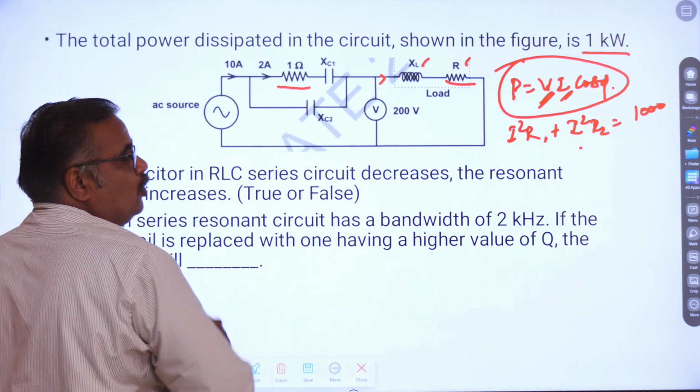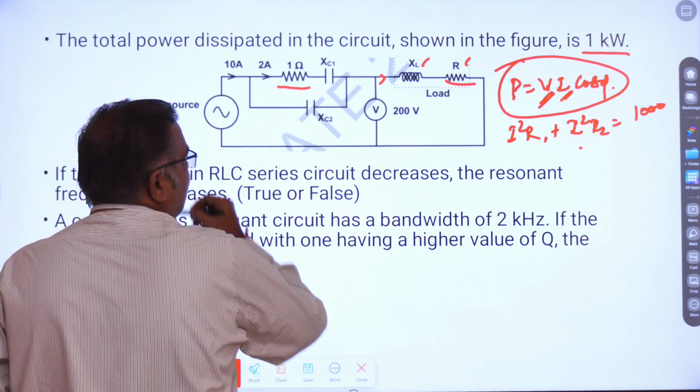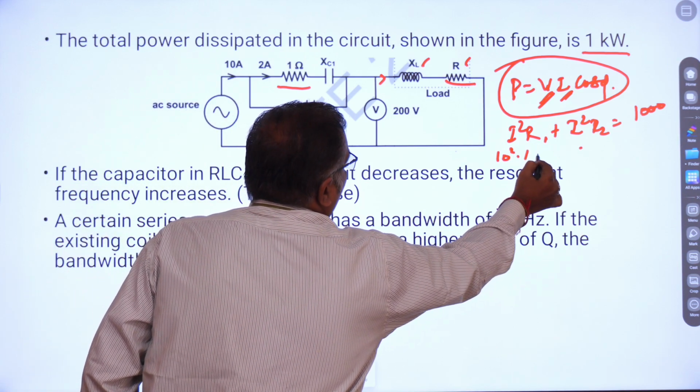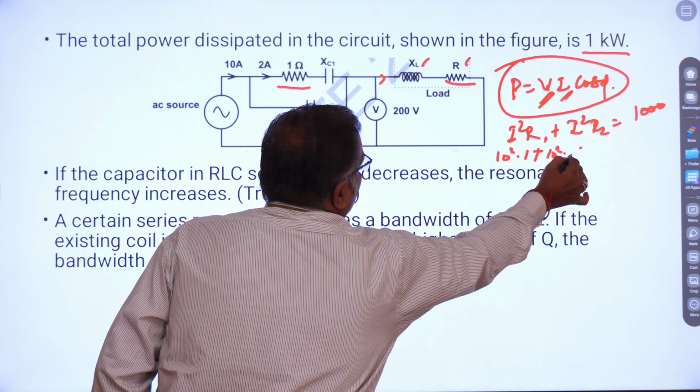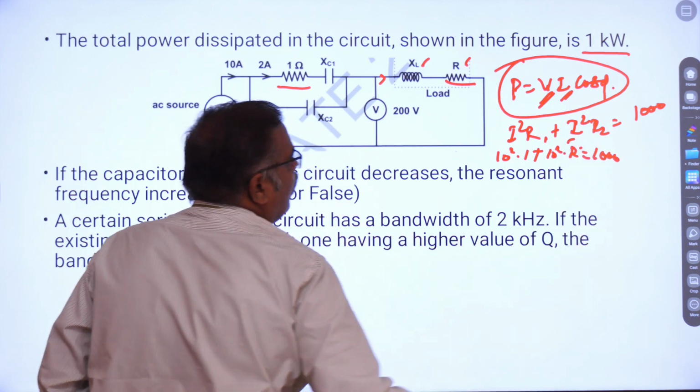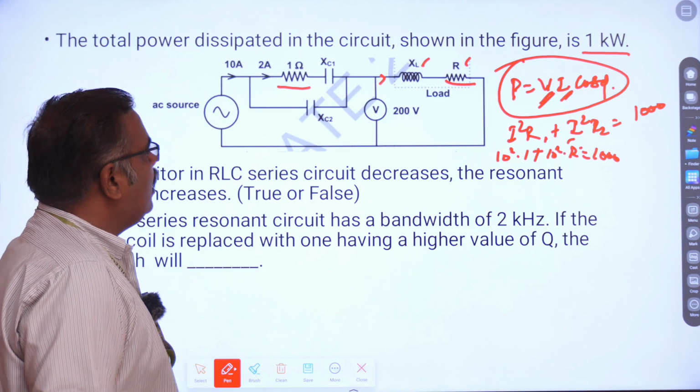R2 is nothing but the value of R which we have to calculate. I is given in the problem, so 10 square into R1, which is 1, plus 10 square into R is equal to 1000. If you solve this, you will get the value of R.